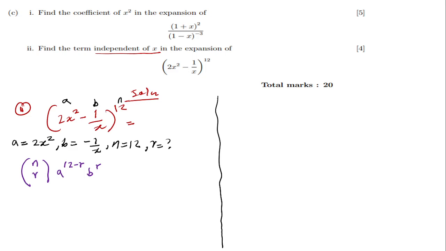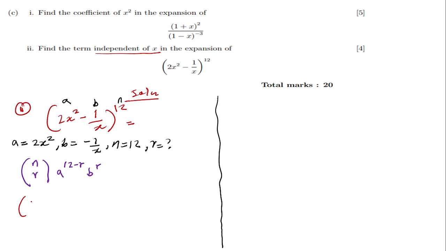So here, you have 12 as your n, and r you don't know. Then a is 2x squared, to the power 12 minus r, which you don't know, and then you can say times z.